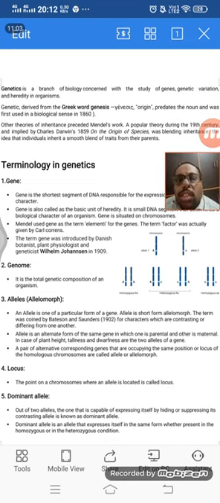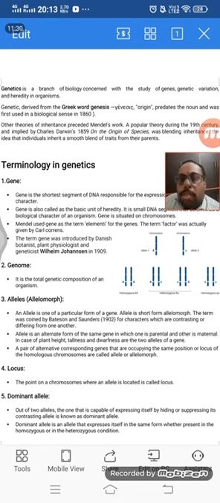From there onwards, these three scientists, whom we will discuss in the chromosomal theory of inheritance, went back, took whatever Mendel had studied, added it to their studies, and made Mendel the father of genetics.